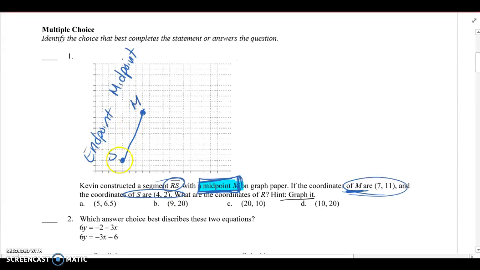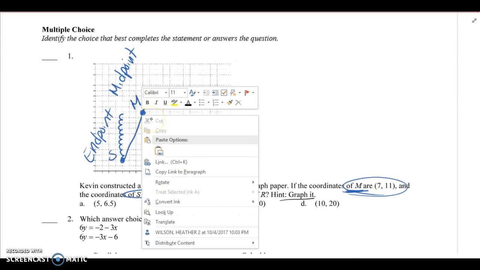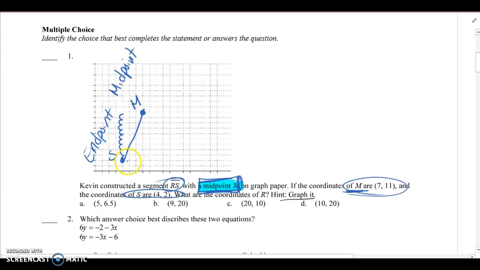So let's see how far apart these are. So I'm going to go up 1, 2, 3, 4, 5, 6, 7, 8, 9. Is that 9? Let's see, up 9, and let's go over. And then it was over 1, 2, 3.